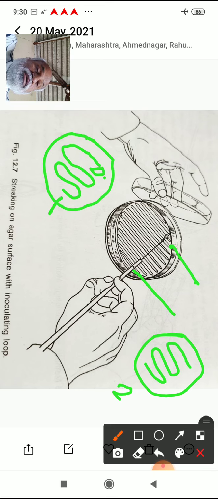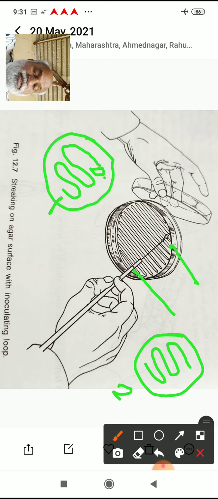And then these plates are incubated at a particular temperature in the culture room for their growth.